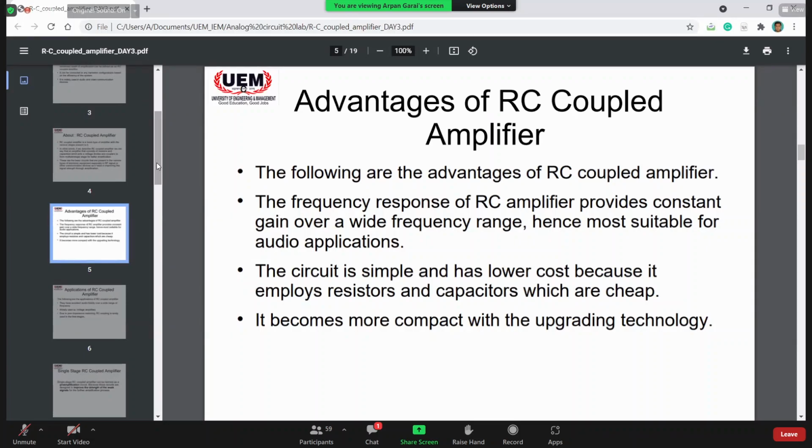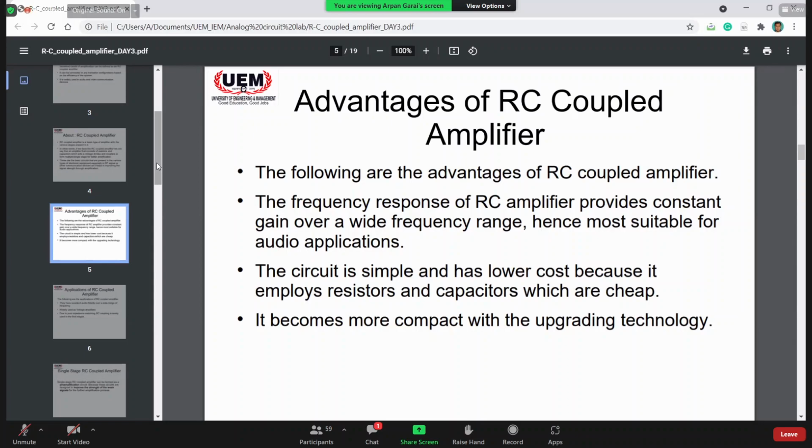Suppose your signal has some strength. Suppose for one second it is amplifying 10x, meaning the signal amplitude becomes 10 times.